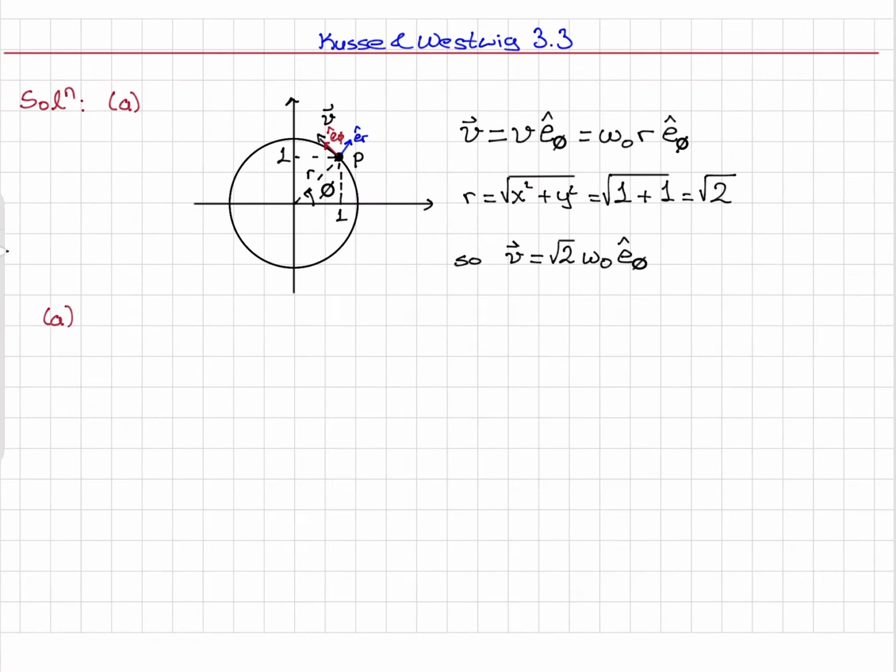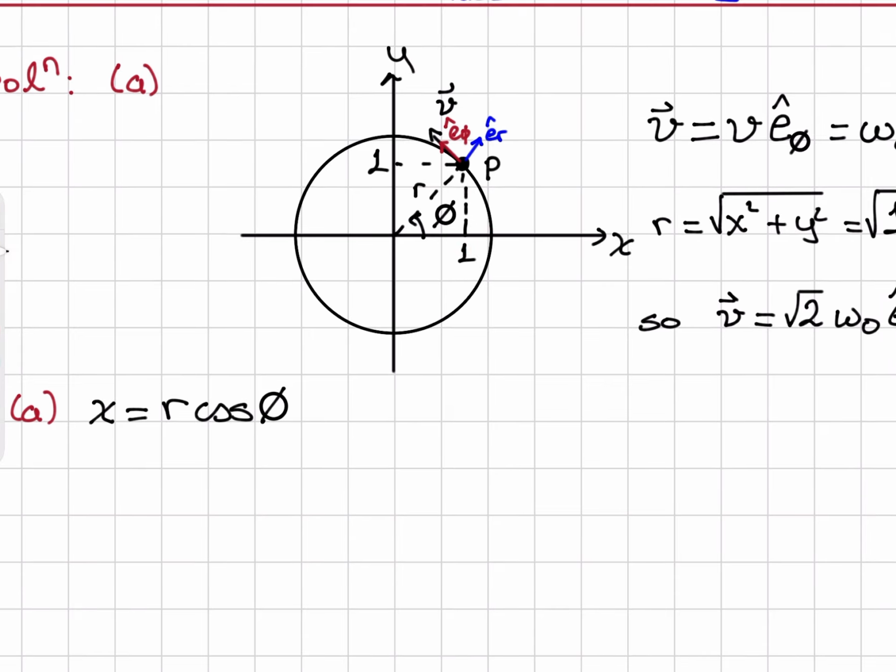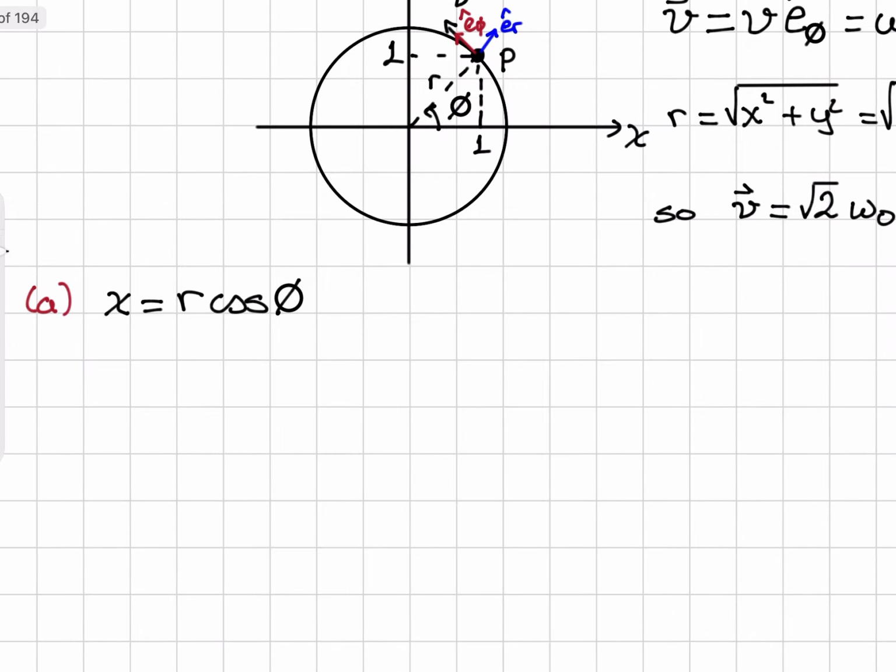Now let's move on to part A of the problem. The relationship between Cartesian coordinates and polar coordinates is given by x equal to r cosine phi. So we take the projection of this position vector onto the x-axis. This is our x-axis, this is our y-axis. And the y component of the position vector is r sine phi.